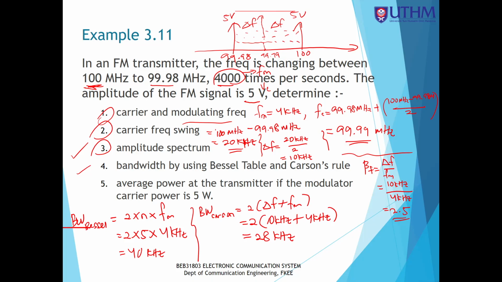Finish. And then question number 5: find the average power at the transmitter if the modulator carrier power is 5 watt.